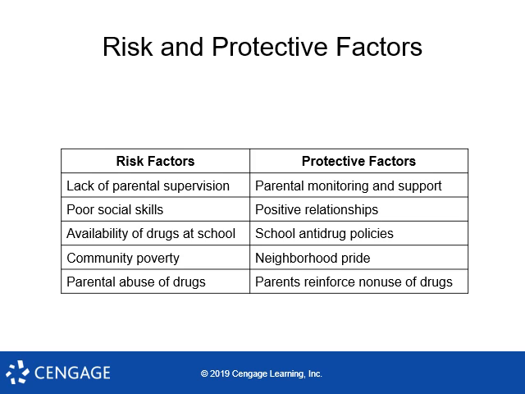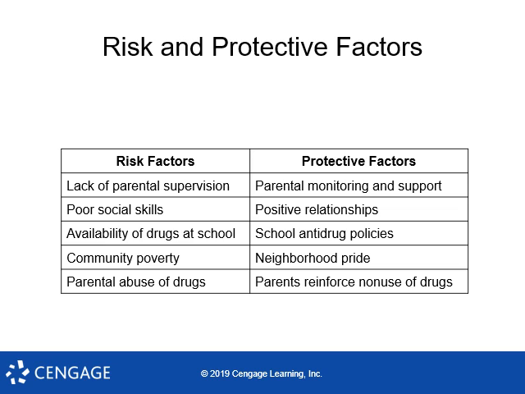So risk factors include lack of parental supervision, poor social skills, availability of drugs at school, community poverty. Parental abuse of drugs is a big one. It's a very high concordance of parental drug abuse and offspring drug abuse. Protective factors include parental monitoring and support, positive relationships and interactions.